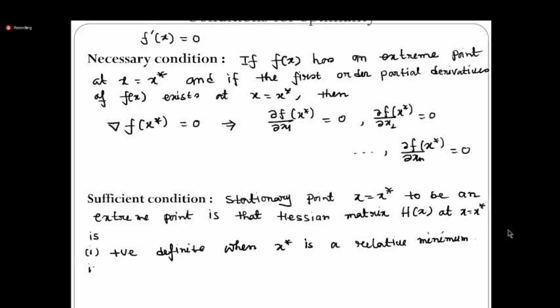And it is negative definite when x star is a relative maximum. Very good, relative maximum.